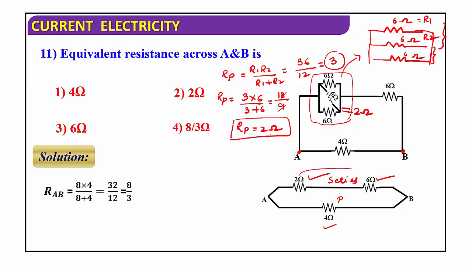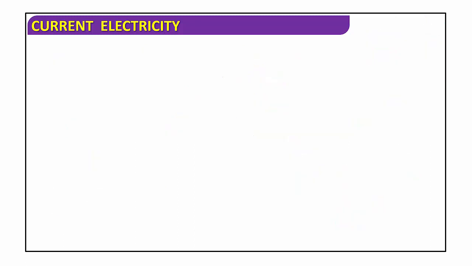So 6 plus 2 is how much? An 8 ohm resistor is connected in parallel with the 4 ohm resistor. We have the formula for parallel combination, R1 R2 divided by R1 plus R2. So 8 into 4 divided by 8 plus 4. The final answer is 8 by 3 ohm. This is the final answer.